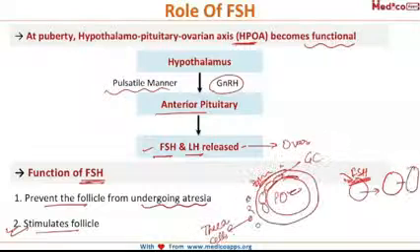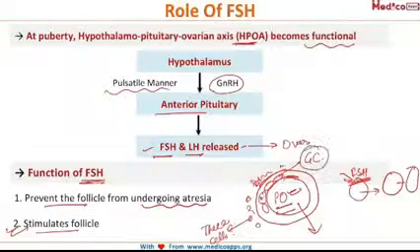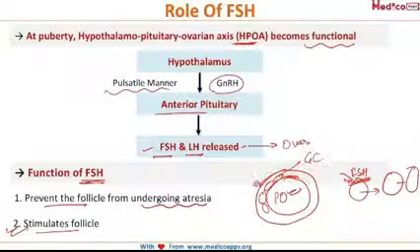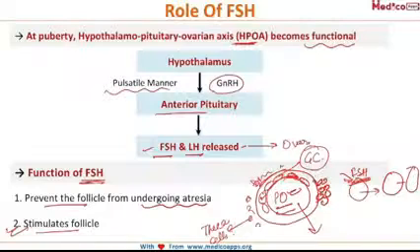Now if you try to recall the structure of the primordial follicle that we have discussed just now, we have a primary oocyte, surrounded by the granulosa cells, the flat cells. Outside this, the theca cells are present. So this primordial follicle has two types of cells, the granulosa cells and the theca cells.